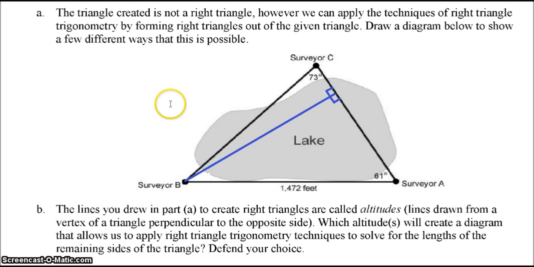So now we know that this one is 180 minus 90 minus 61, which is 29 degrees. And then that means that this angle here is 46 minus 29, or 17 degrees.